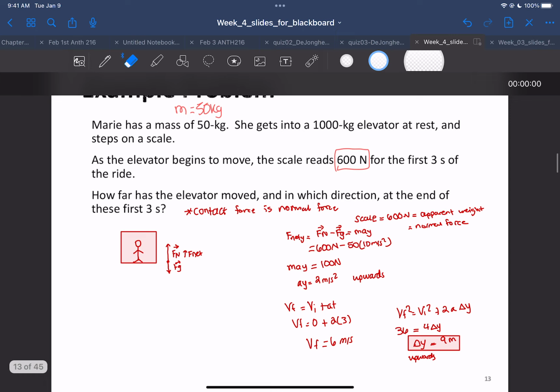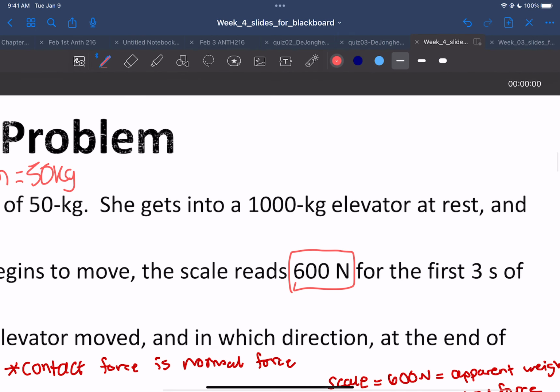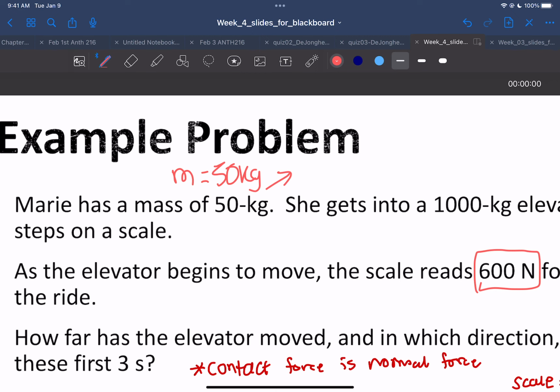Now, what we want to do first of all is recognize some things. So we know that the mass is 50 kilograms. So what would be the weight of Marie if her mass is 50? 500 newtons, exactly.